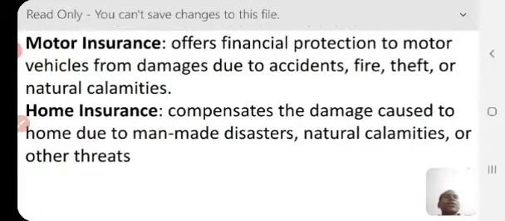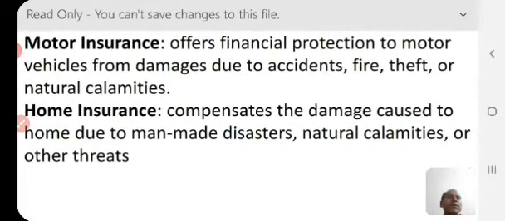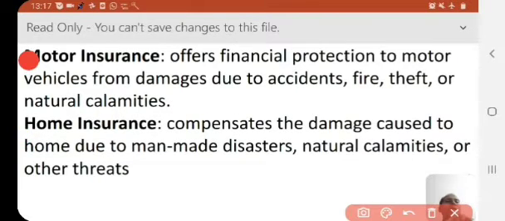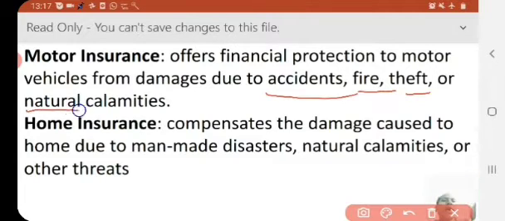Next, motor insurance. It offers financial protection to motor vehicles from damages due to accidents, fire, theft, or natural calamities.